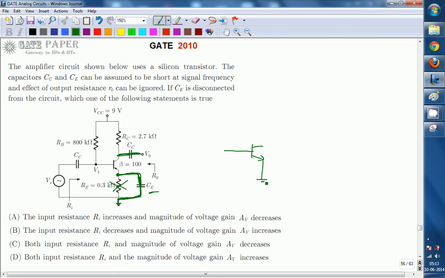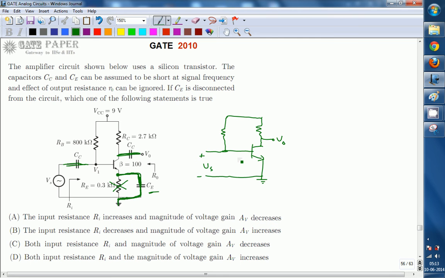The emitter is directly connected to ground, this is V0 with one more resistor over here, and the capacitor CC is also acting as short, so that Vs is directly connected over here, Vs plus minus.